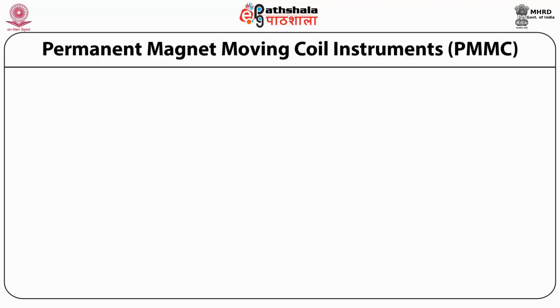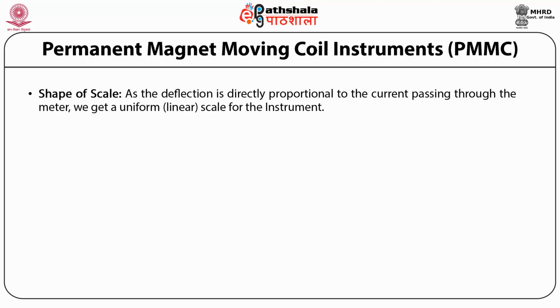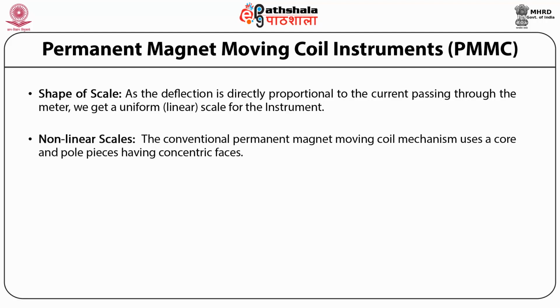Next is the shape of scale. As the deflection is directly proportional to the current passing through the meter, we get a uniform or linear scale for the instrument. Next are the nonlinear scales.